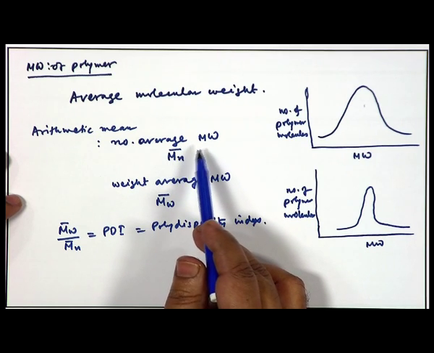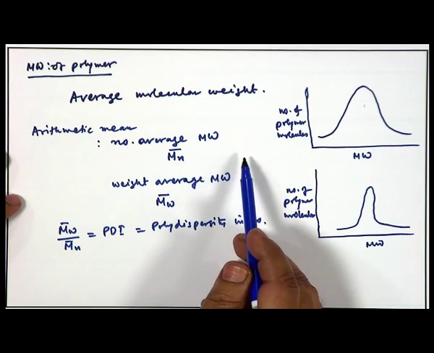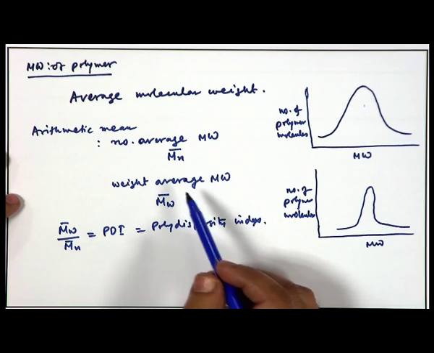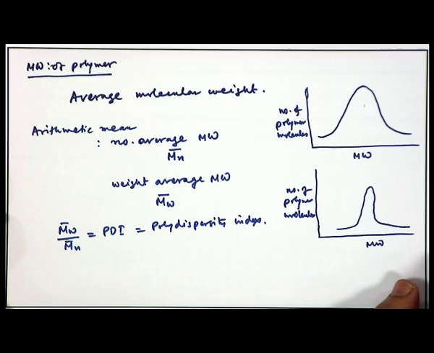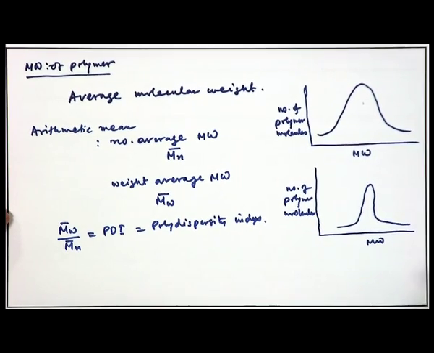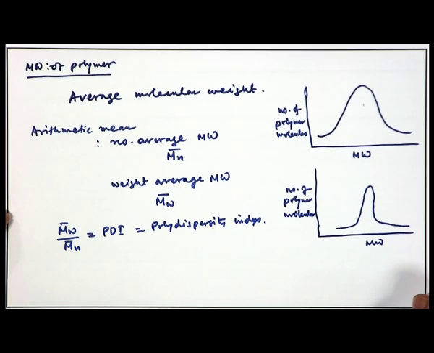So, basically total mass divided by total number of molecules present. So, that is basically the arithmetic mean. And this is probably not in your syllabus, the expressions, just for your knowledge that polymer molecules are always expressed as average molecular weight.